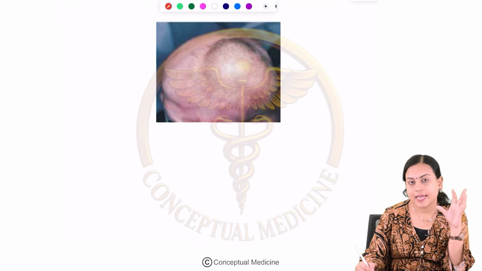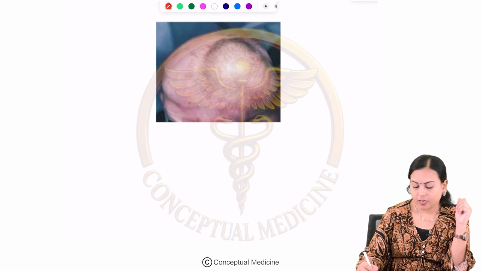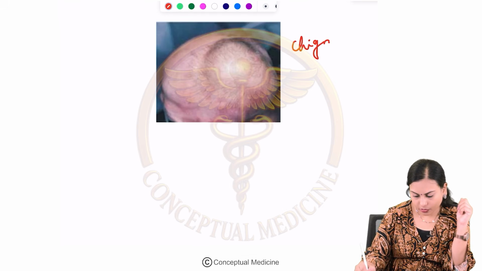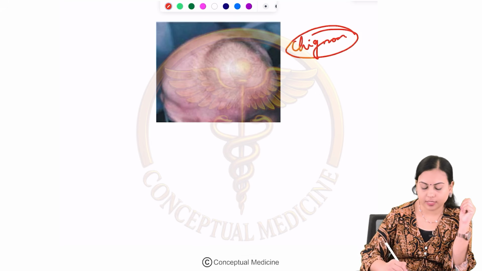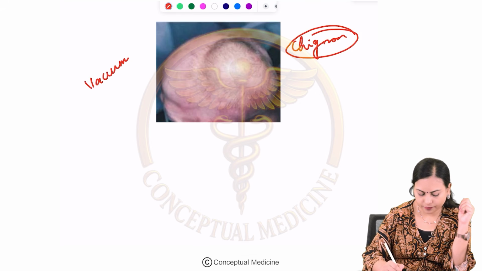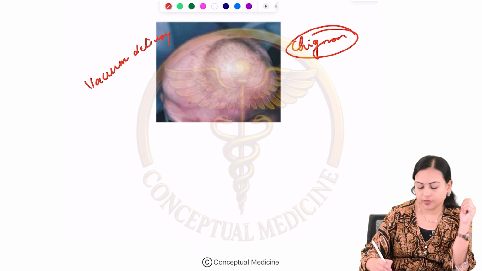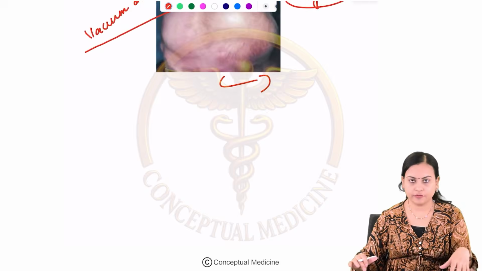Clear? The scalp is sucked into the cup and an artificial caput succedaneum or chignon is produced while using a vacuum delivery. But this will usually disappear within few hours.